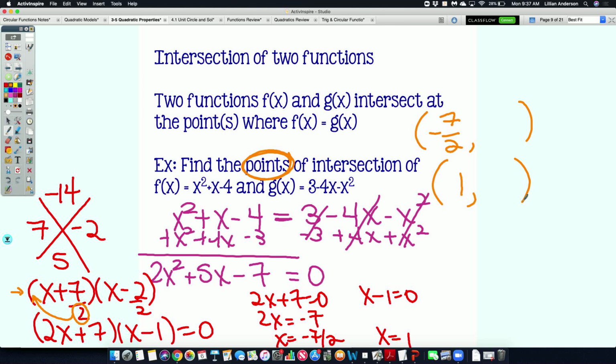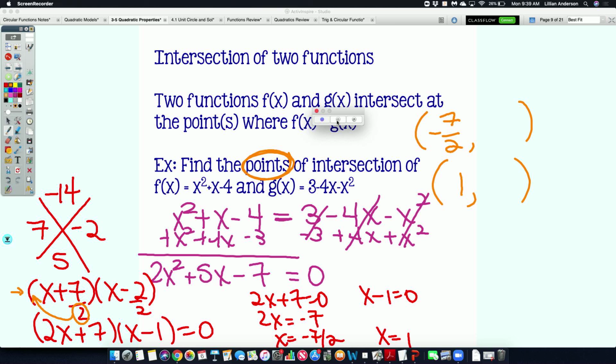How do I find that y value? Plug that number into each original, F and G. Either one. You don't have to plug it into both, because since it's the same value on both graphs, you pick whichever one you want. Right now, I want you guys to plug in -7/2 into either F or G, pick one, and then plug in 1 as well to get my y value.